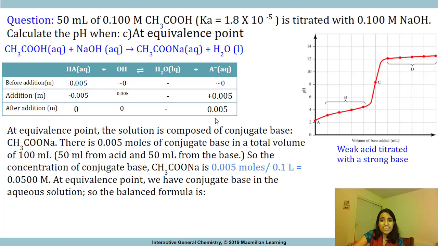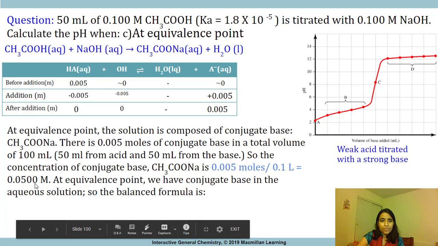So at equivalence point, we just have the conjugate base, and this conjugate base is 0.005 moles. We can convert it to molarity. So if we convert it to molarity, it's going to be 0.005 moles divided by, we have 50 milliliters and 50 milliliters of NaOH. So it's 100 milliliters, so we get 0.05 molarity.